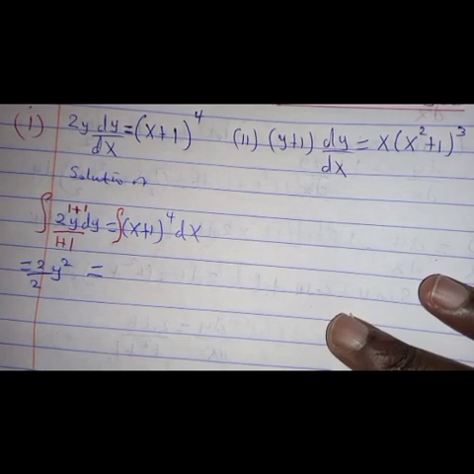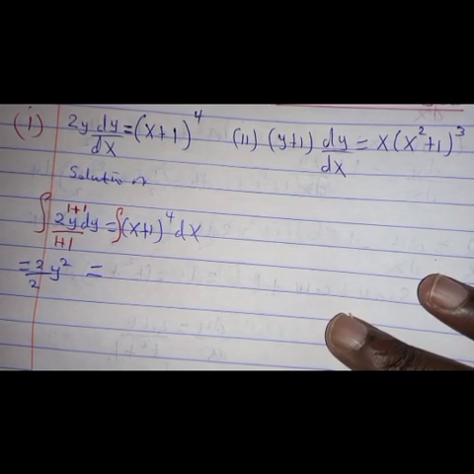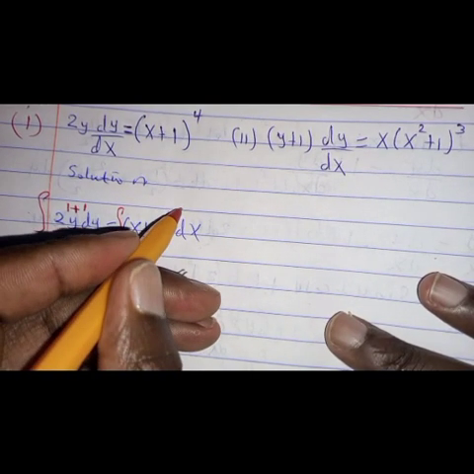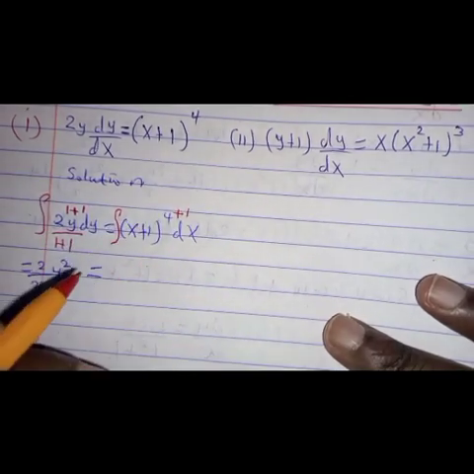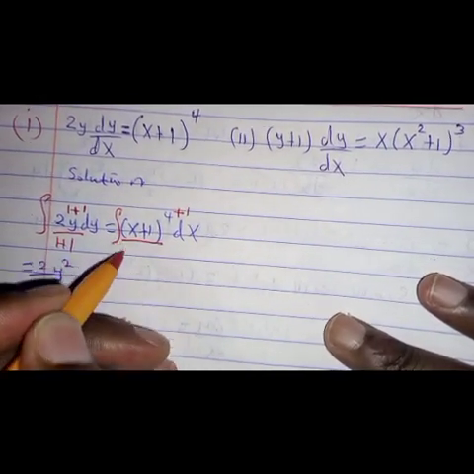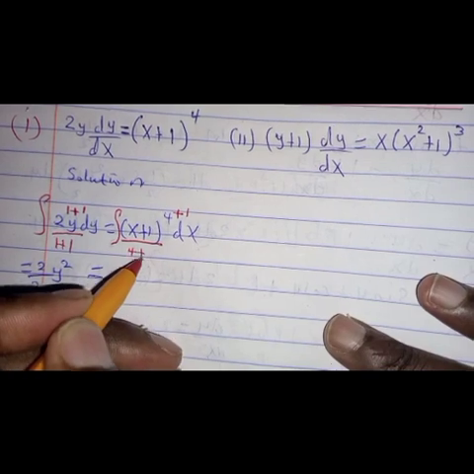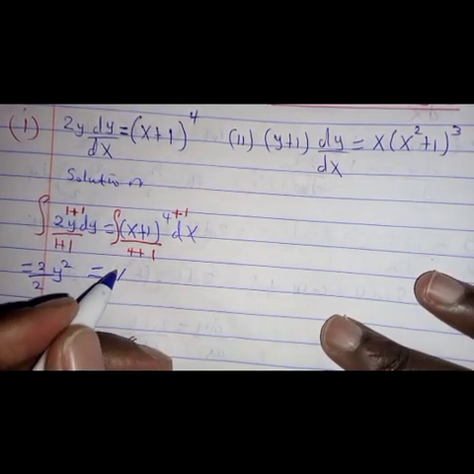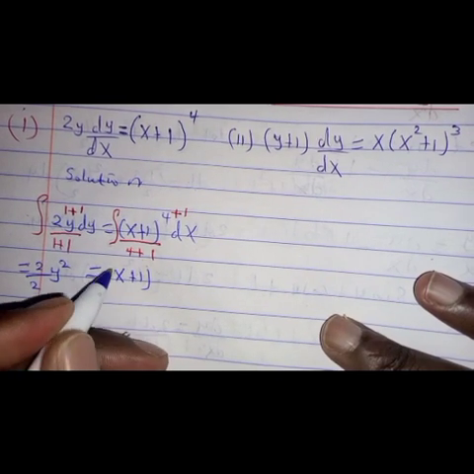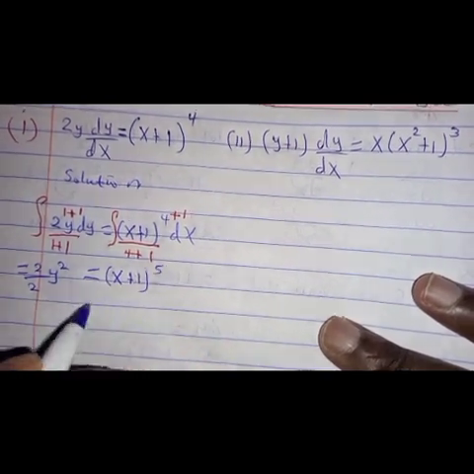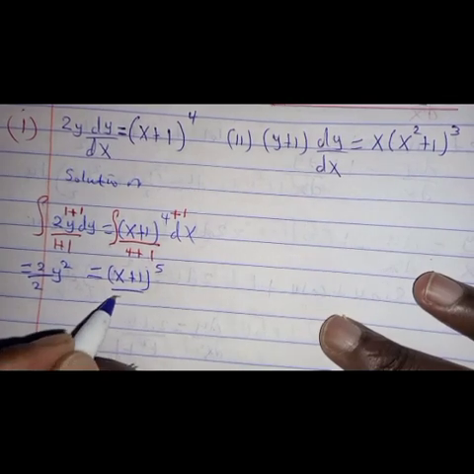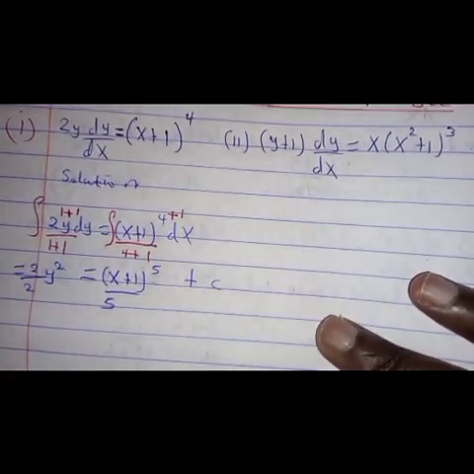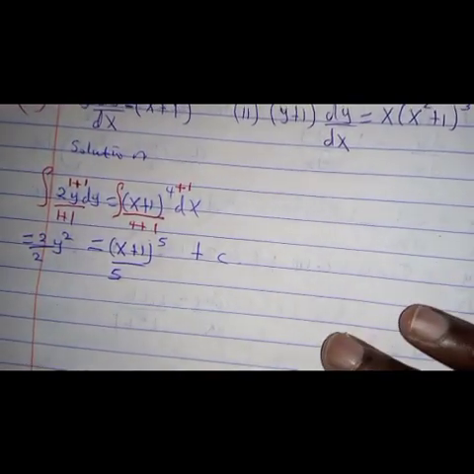on the right hand side, we are going also to use the power rule, whereby we are going to add 1 to 4 and we divide by the result, which is 4 plus 1. So the result will be (x + 1)^5 divided by 5 plus constant c. c is the constant of integration.